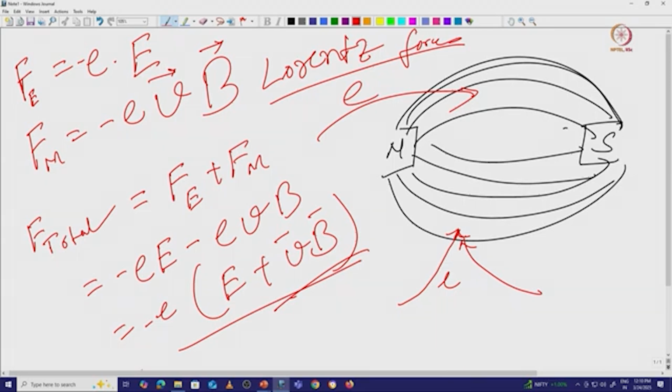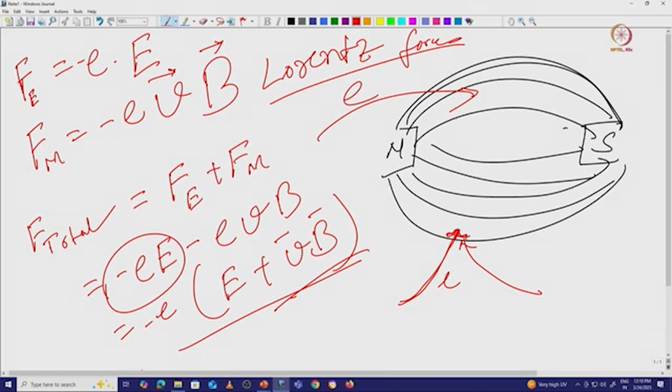So, in the electromagnetic lenses, we are not applying any external electric field. So we can just ignore this particular term. When an electron is entering this magnetic field, it has a certain angle. If it is parallel or perpendicular, or at a certain angle, the movement of the electron will be different.